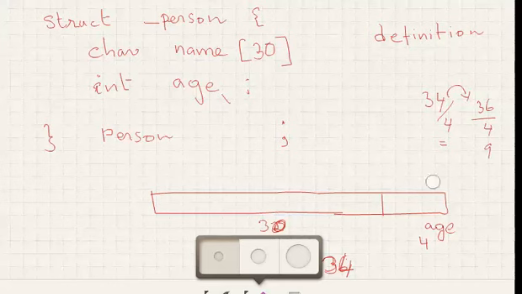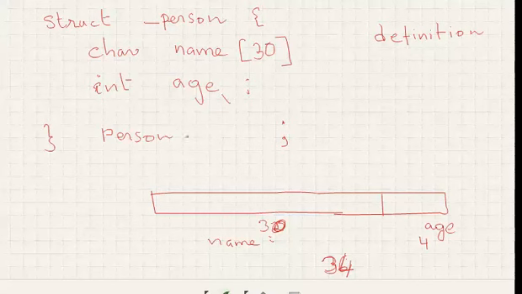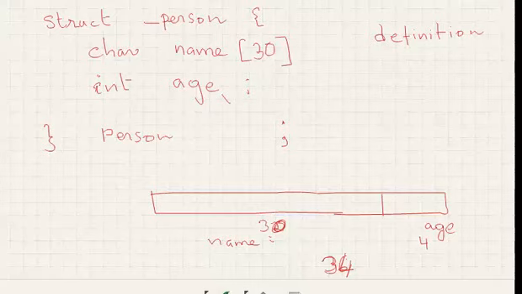All right. So that is how you define a structure with a variable. And how do we copy a name in here? Now, how do I copy a name into this? Remember, this is char, right?